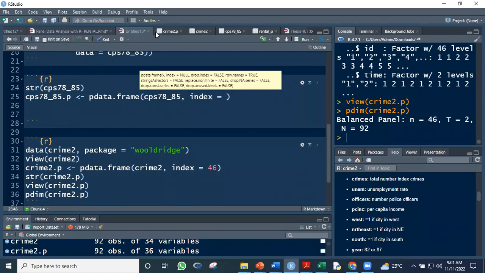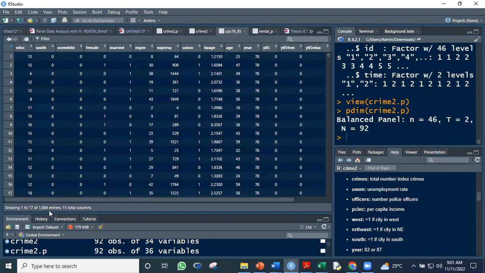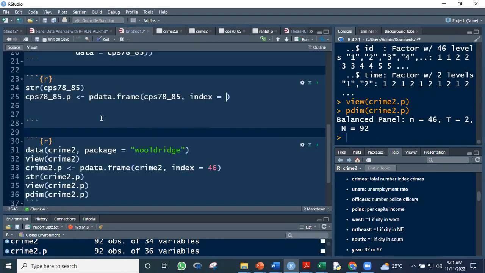So, dito, ilan yung sa CPS? 542. No? Ito, tingnan natin ito 78, tapos 85. Ito na una lahat ng years. Okay, let's see what happens here. Hindi ko pa nagawa to. 542.